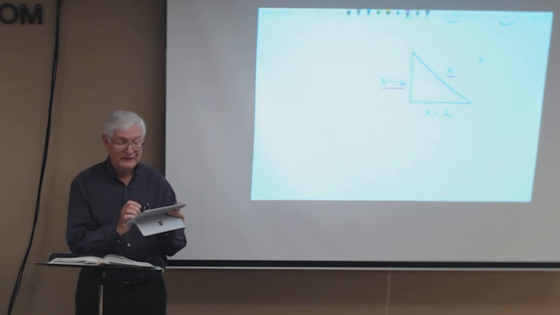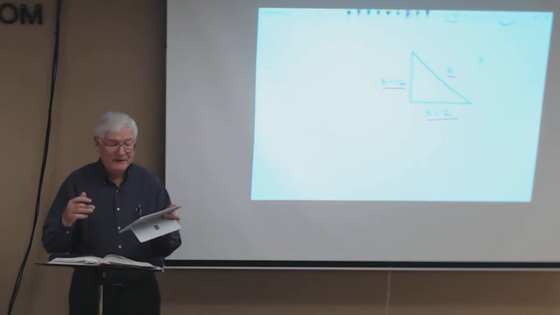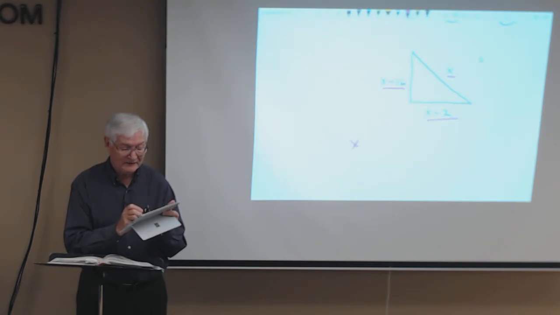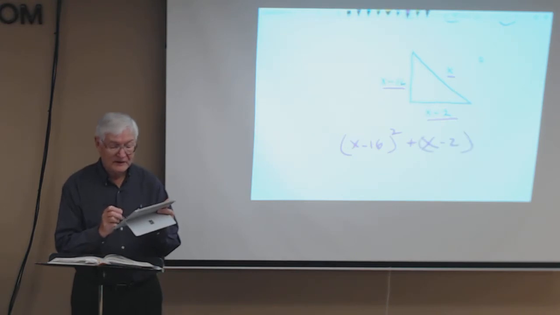And since this one is 2 inches shorter, it would be x minus 2. You follow? You have a couple of ways to set it up, but either way you do it, the Pythagorean theorem says x minus 16 squared plus x minus 2 squared is going to equal x squared. Working it this way.